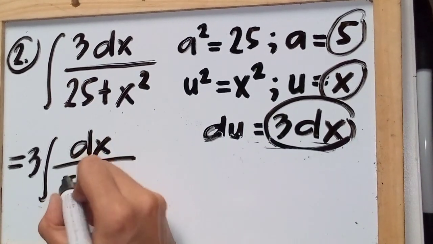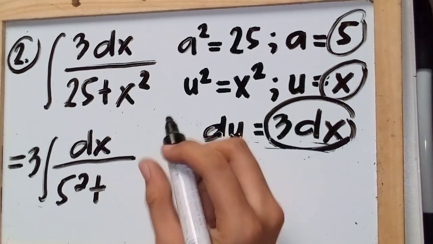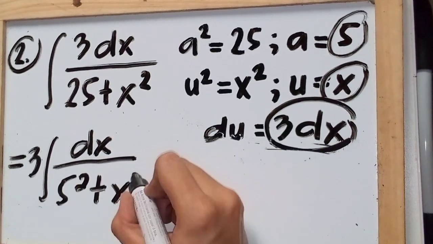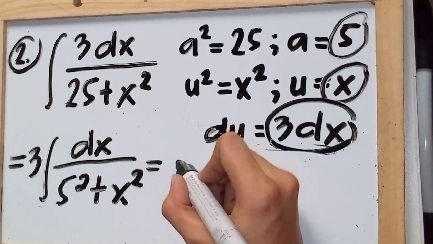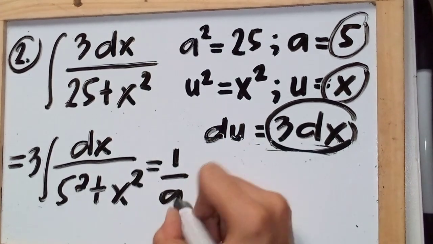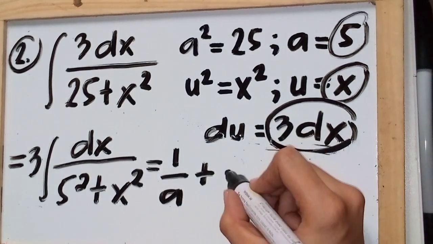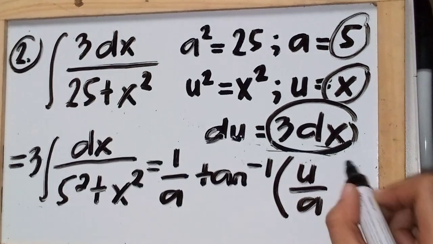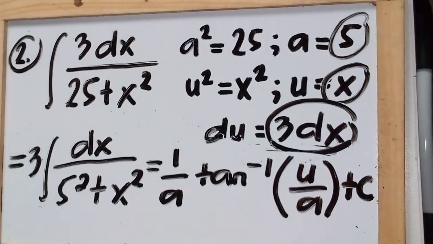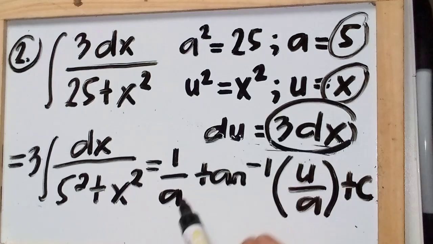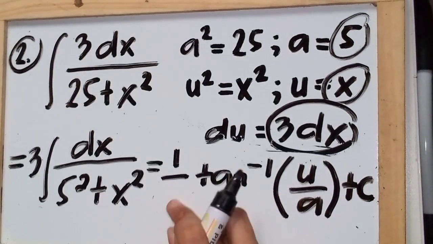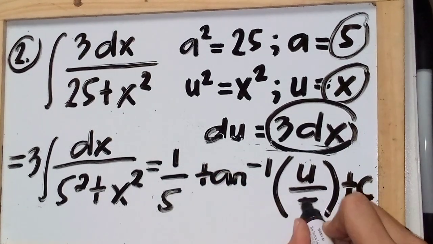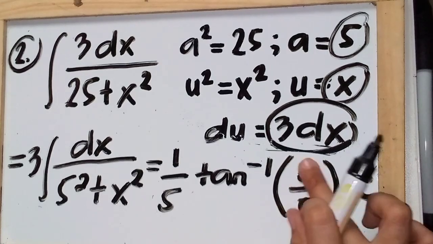So 5 squared plus our u is x, so x squared, is equal to 1 over a arctan, then u over a plus c. So let's substitute the given here. Our a is 5. Our u is x.